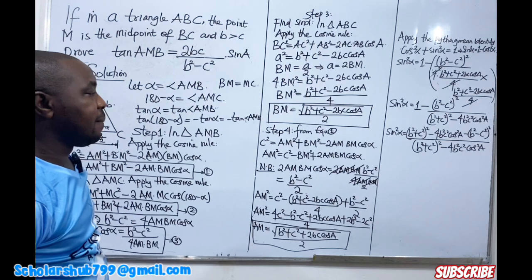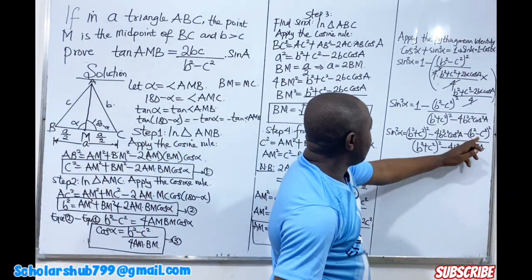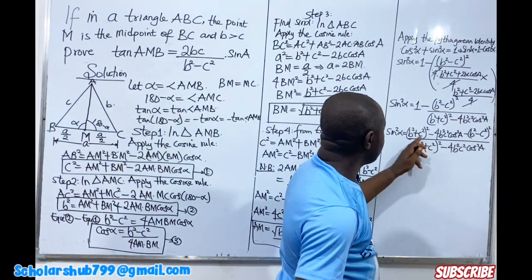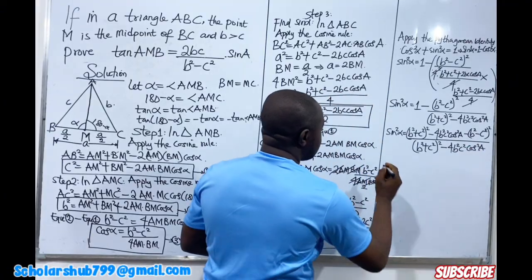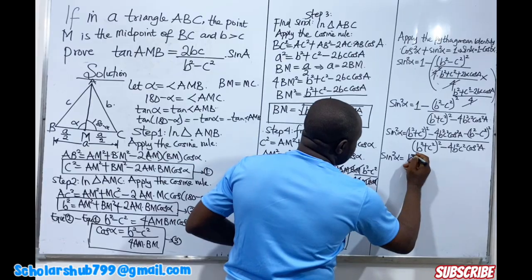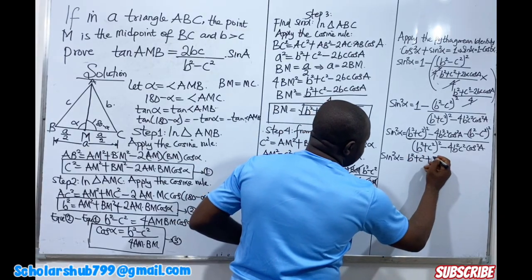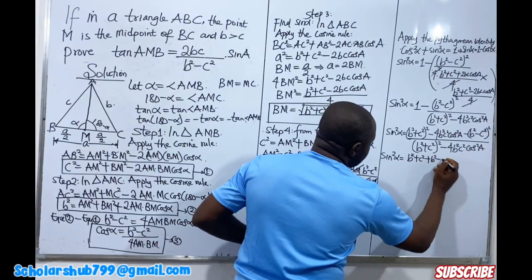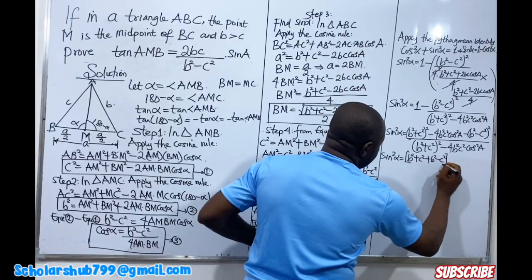Nice. Okay, now, of course, if we subtract this, we have a difference of two squares. So this will be sine squared alpha equals b squared plus c squared plus b squared minus c squared. That will be the first one.